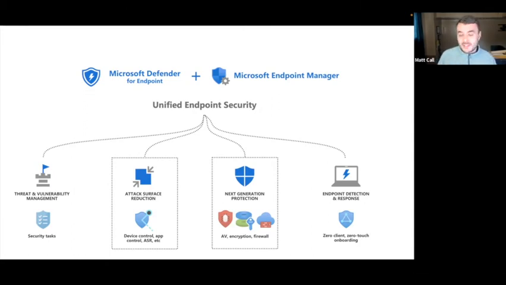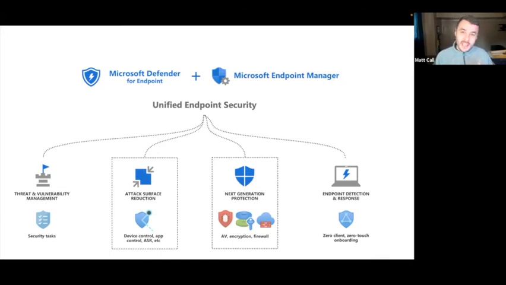Those things around attack surface reduction, like the things that we do with ASR rules and device control, those scenarios that we build there together, are really where the core of our business is together. This is where we operate as one big virtual team. We have integrations with security tasks and threat and vulnerability management. And we have integrations like you just saw with the endpoint detection response profile to ease the onboarding process, right?